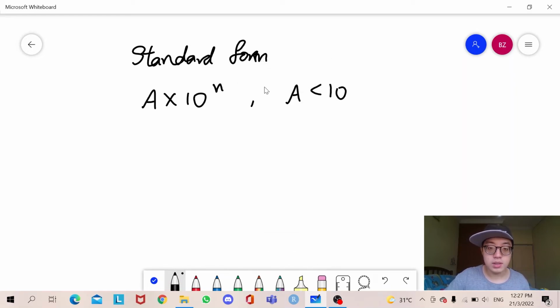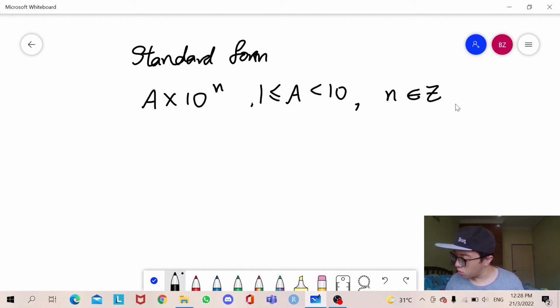We will say it's larger or equal, oh no, where a is larger or equal to 1. All right, so a need not be an integer, but n must be an integer.